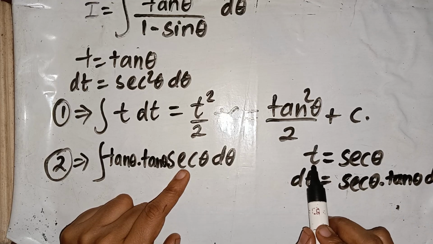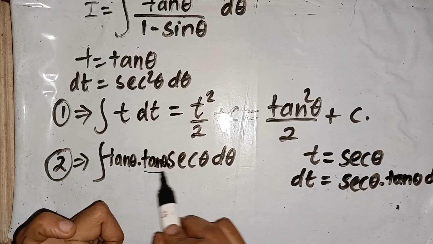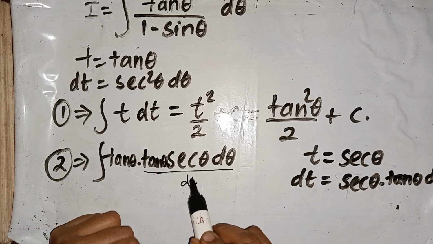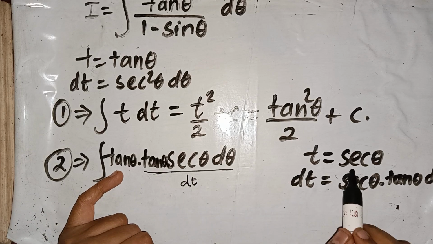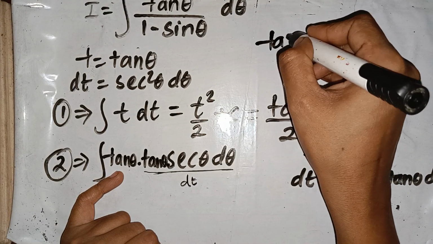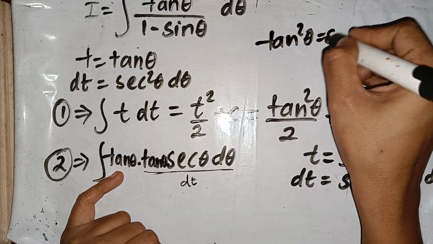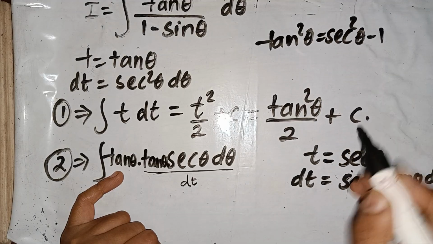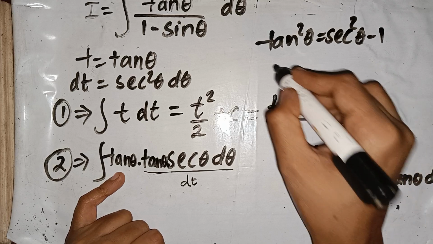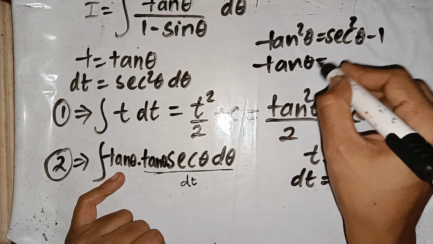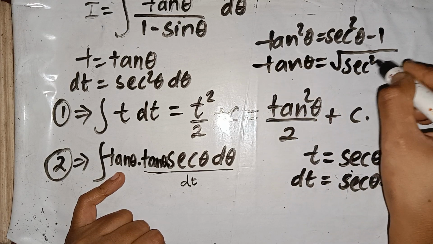Okay, so we want this, this is our d theta. This I want in terms of sec. So tan square theta is sec square theta minus 1. This is from the trigonometric identity. So tan theta is root of sec square theta minus 1.